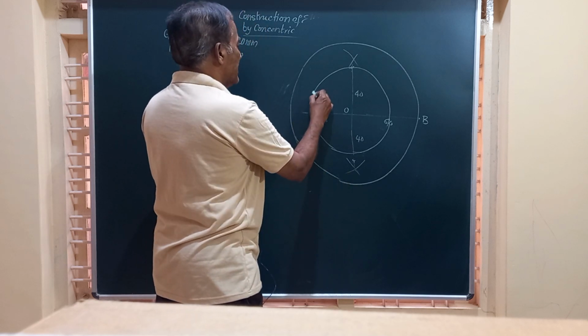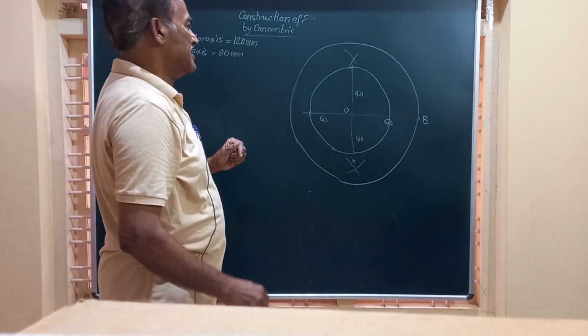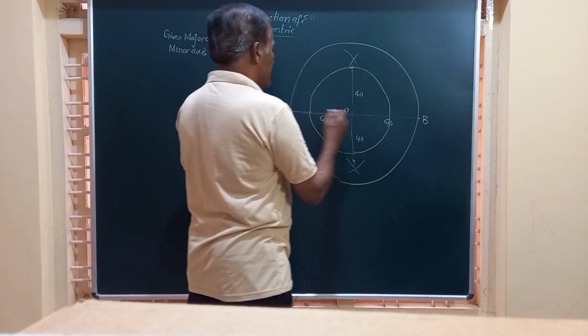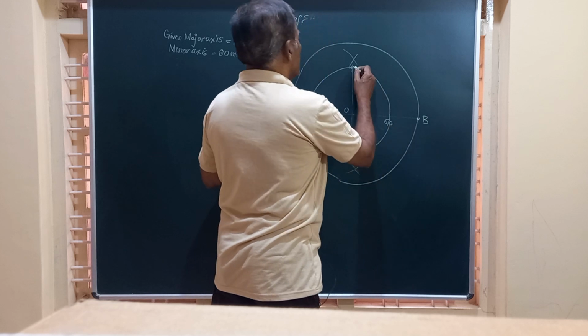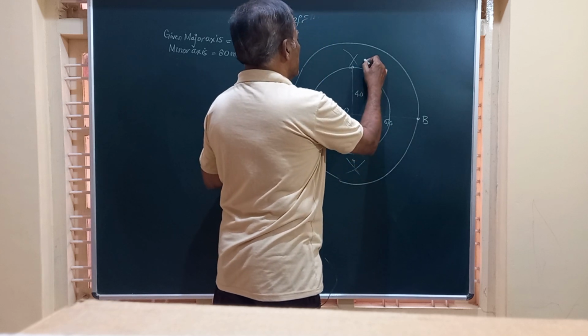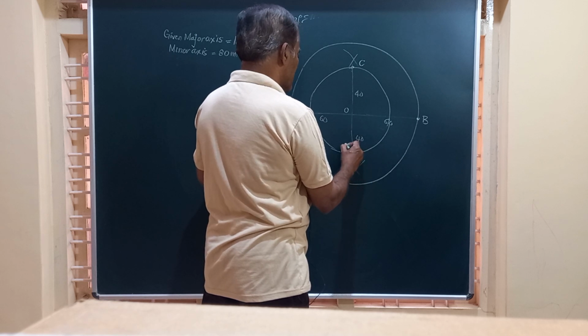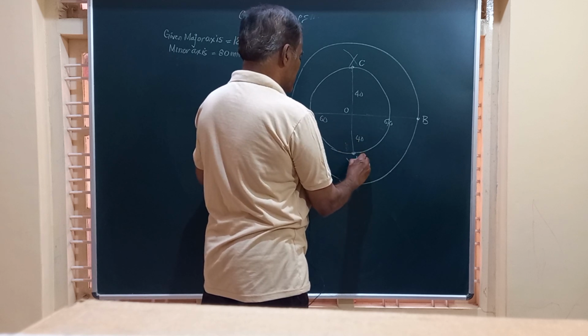So friends, something like this you are going to get. This is our point A, this is point B, this is point C we will say, and this is point D. So these are the 4 points we have got, friends.